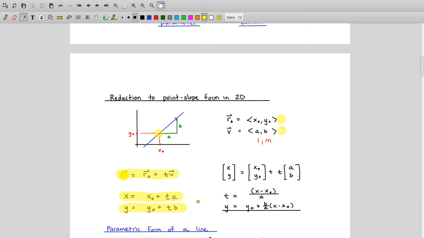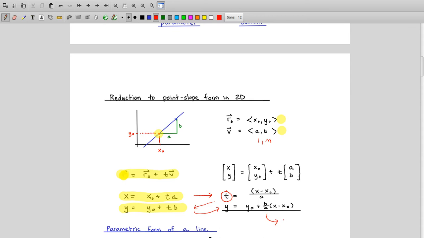And what we can do here is we can take that first equation and we can solve for t. And if we do that, we get t equals x minus x naught over a. We can then take this value for t and plug it into the second equation, which gives us a new expression, y equals y naught plus b over a, x minus x naught.